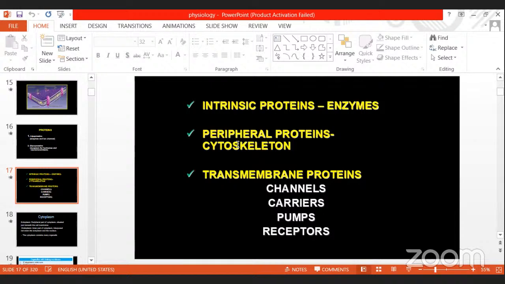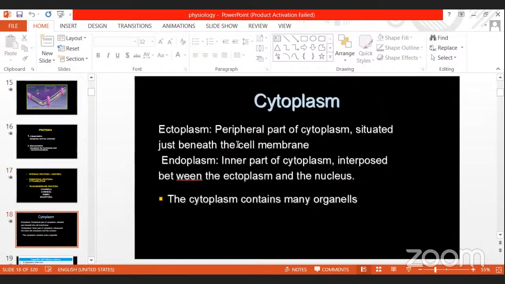Pumps pump substances from low to high. Receptors receive something from one cell or one part to another. So the transmembrane proteins are channels, carrier proteins, pumps, and receptors.